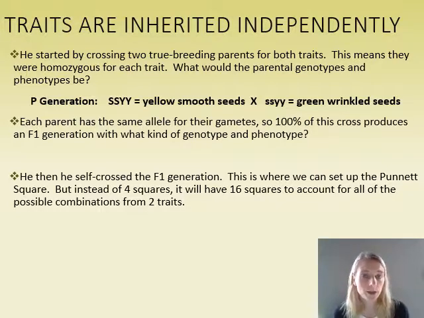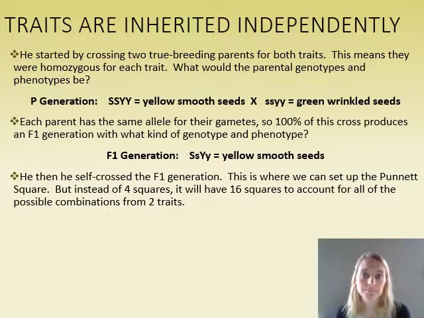If dad is the homozygous dominant, dad can only donate dominant alleles and mom can only donate recessive alleles, so for that new diploid zygote in the F1 generation, they're going to be heterozygous for both traits. The F1 generation will have the same phenotype as the dad, but their genotype is now heterozygous for the seed shape and heterozygous for the seed color. Okay, so then he's going to cross that.